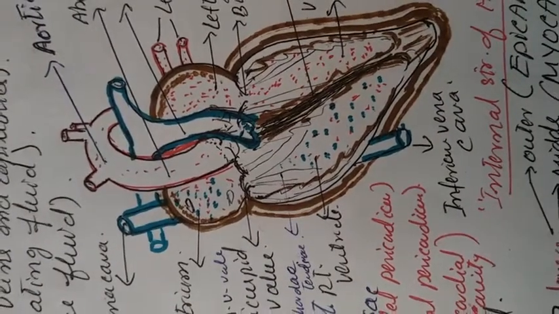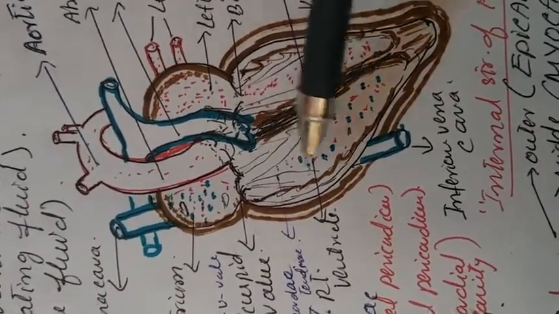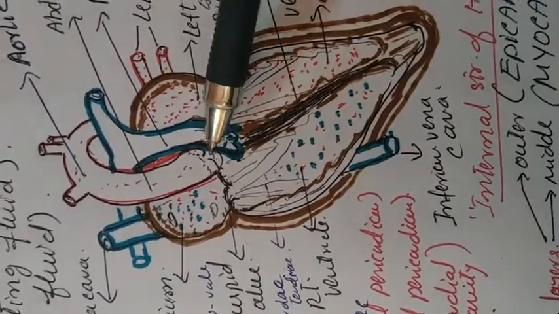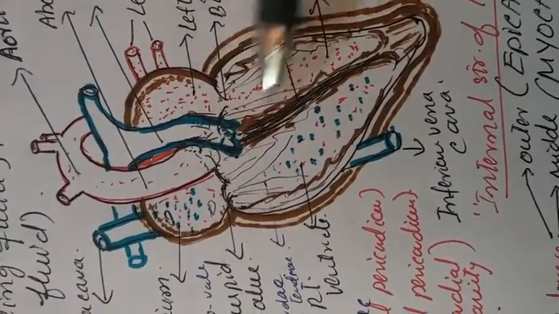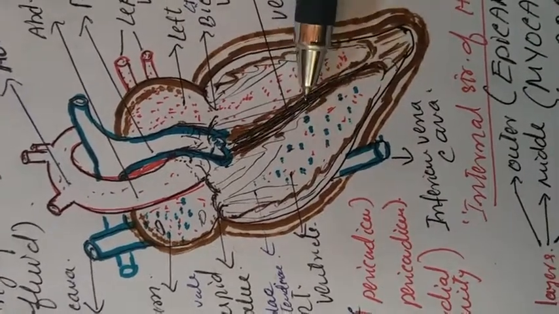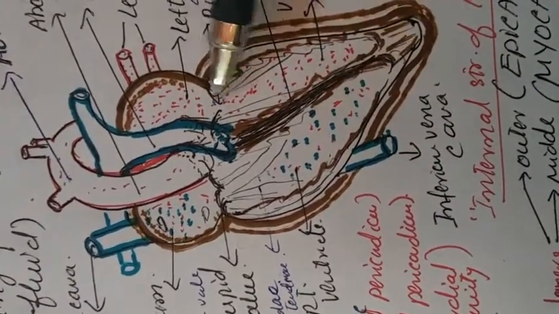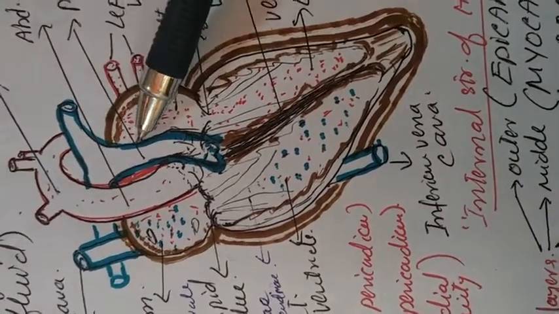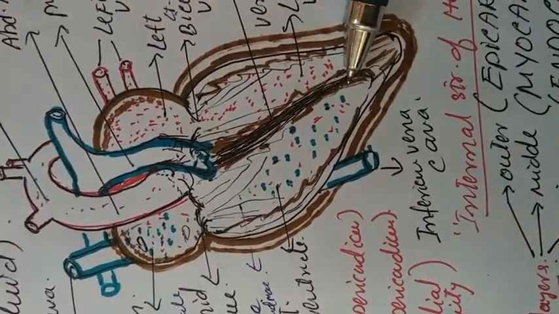Internally, the human heart consists of four chambers: the two auricles or atria and the two ventricles. The auricles are located at the broader upper end, and the ventricles are towards the posterior narrow end.